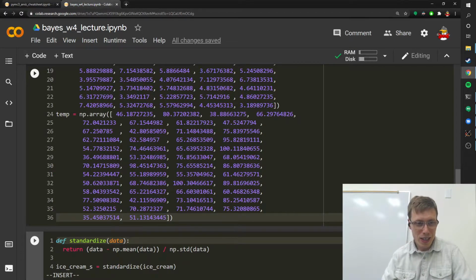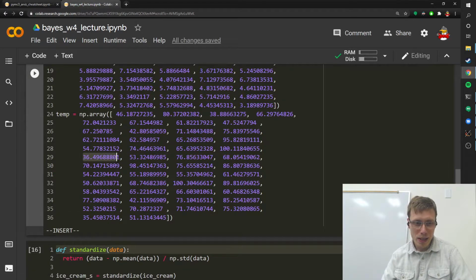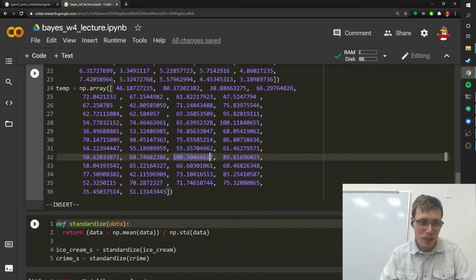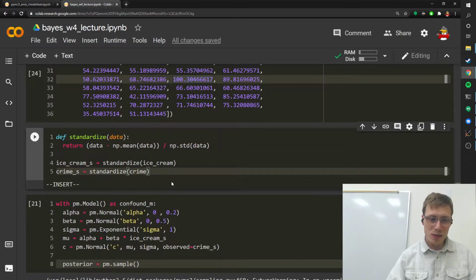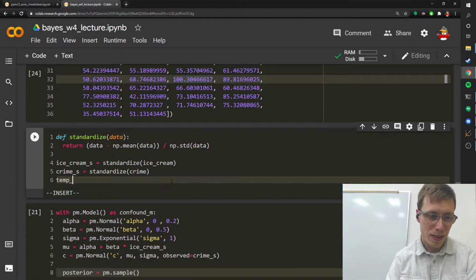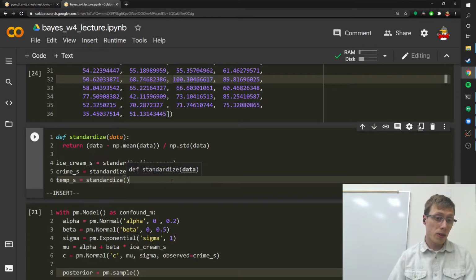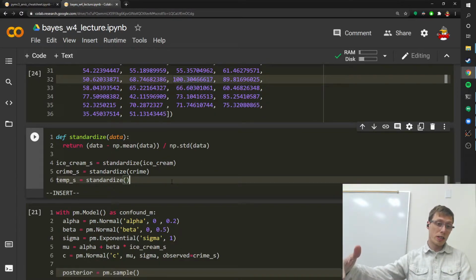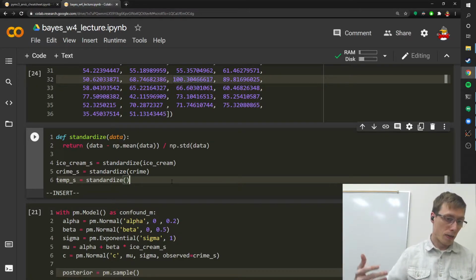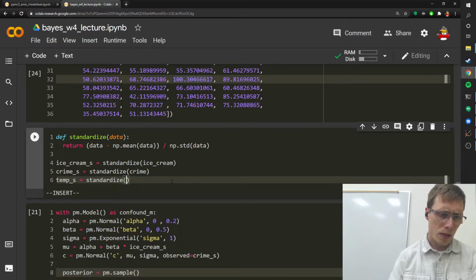They range from 36 at the low end up to say 100 at the high end. They at least look a little bit reasonable, but we'll still standardize those as well. Might as well. All right, temp equals standardize. But you could see why you might not want to, because it could be useful to say for every degree, how much effect does that have on the outcome variable?